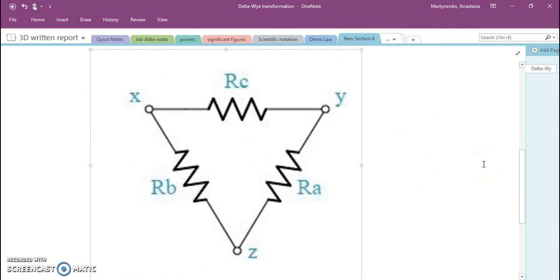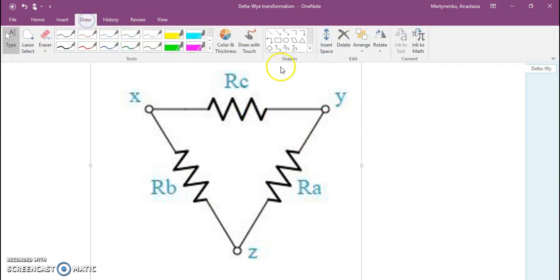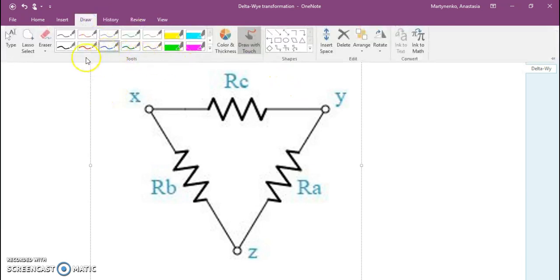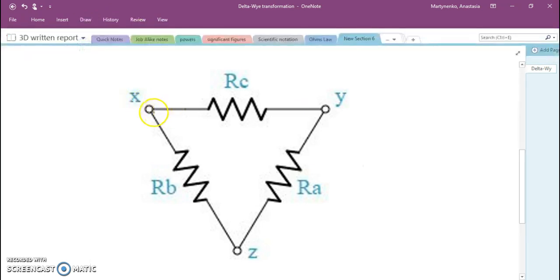So here's a nice enlarged version of my delta, right? Now remember, Y goes from all those nodes, but it's the Y inside the delta. So I'm going to go ahead and draw my Y. And I'm going to draw my Y in red. So I'm going to start from this node. I'm going to have a resistor over here.